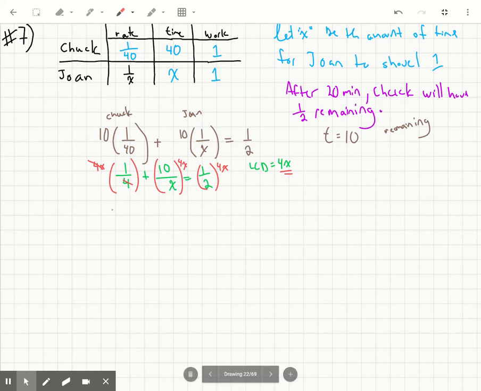So we end up with x here, and here we end up with 40, and here we end up with 2x, right? This is an easy one to isolate. If I just subtract x, I end up with x equals 40.